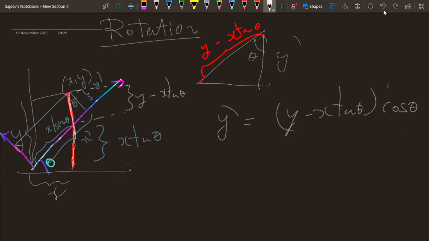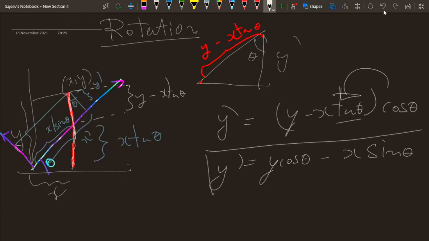Take cos theta inside, we have y cos theta minus x tan theta, where tan theta is sin theta by cos theta, so tan theta cos theta equal to sin theta, so we have y dash equal to y cos theta minus x sin theta.